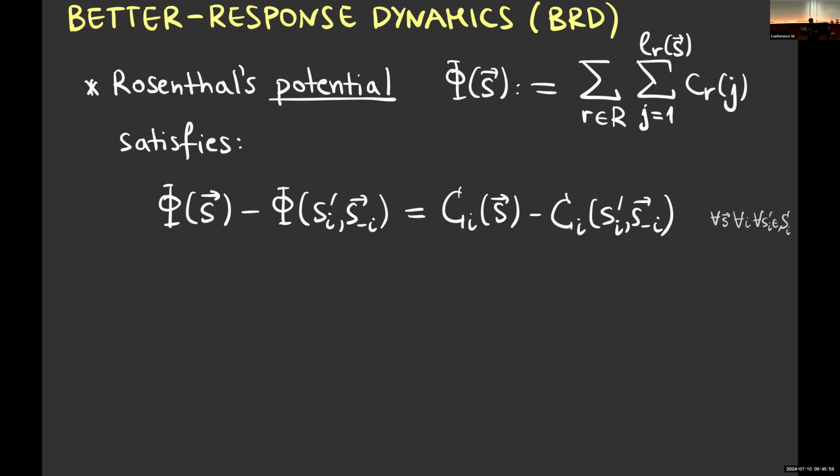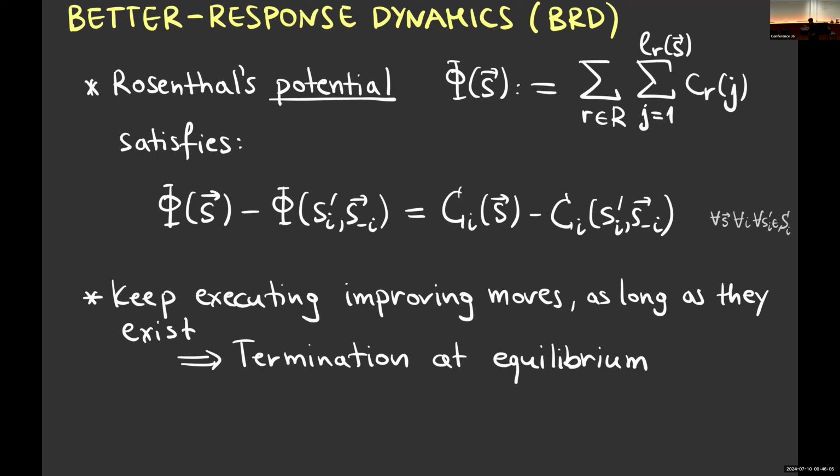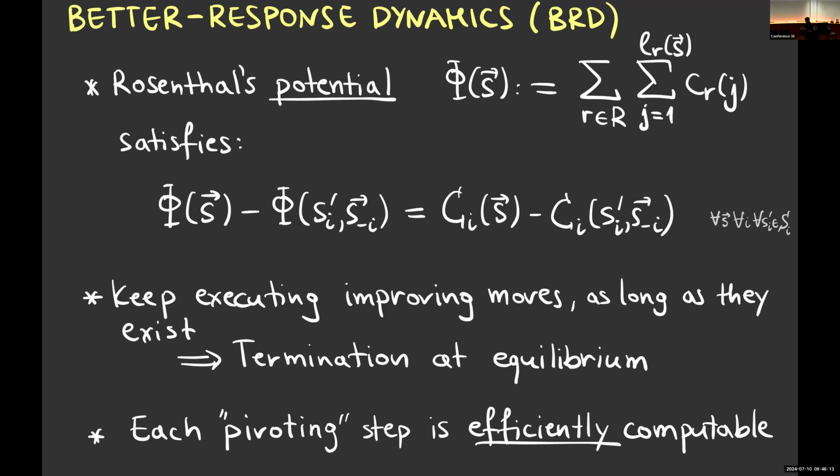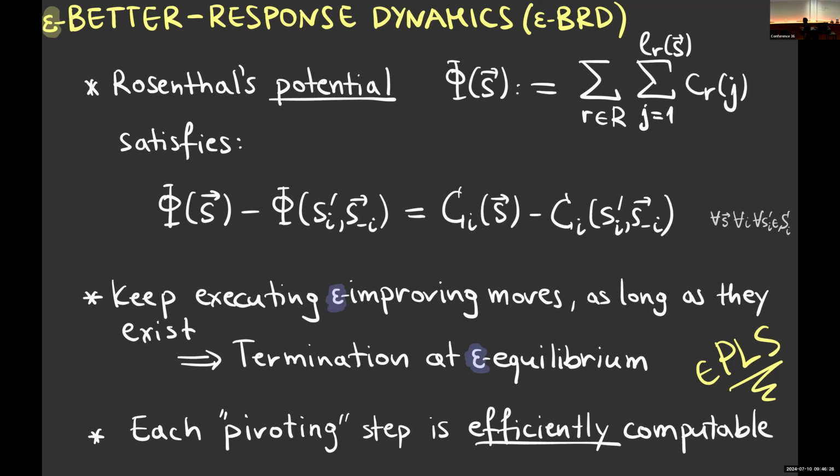And actually, this is why we can put the problem in the PLS class, and it's a local optimization problem. But this also gives us a very natural algorithm, because improving the potential means better response. And we need to be careful that each pivoting step can be done in polynomial time. And this is why you are in PLS. You are essentially a local optimization problem.